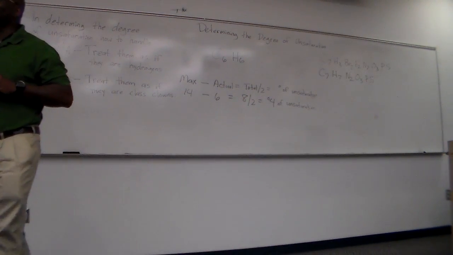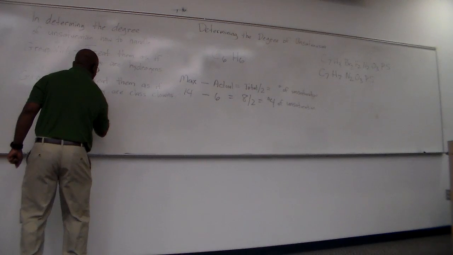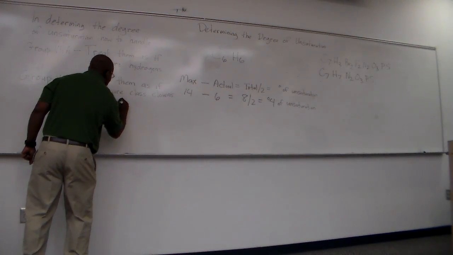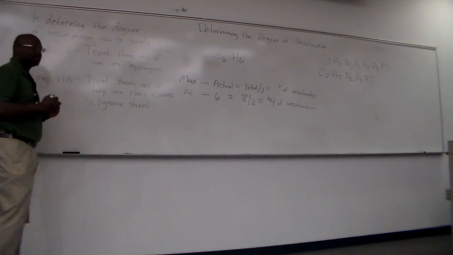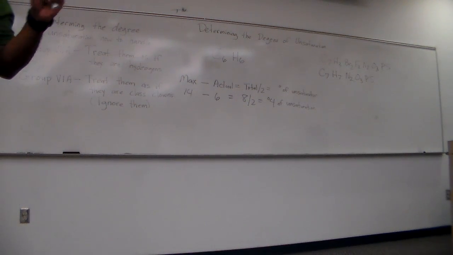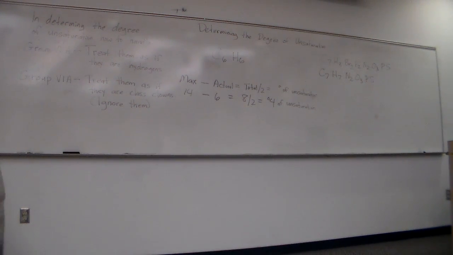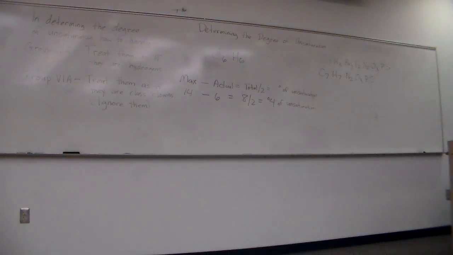And how do you treat class clowns? Ignore them. So what about group 6 elements, oxygen and sulfur? We can rewrite that whole formula and just ignore oxygen and sulfur as far as the degree of unsaturation is concerned.